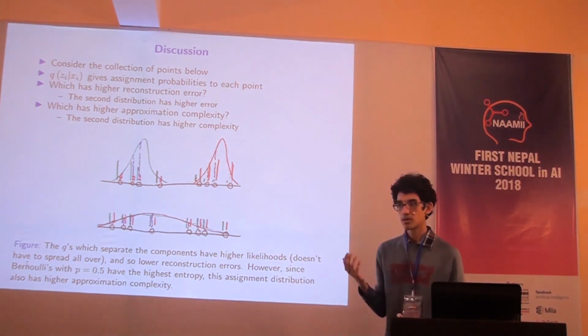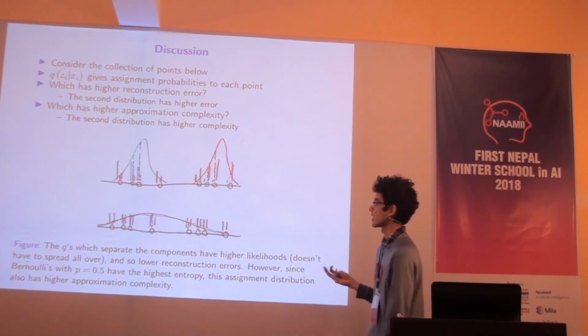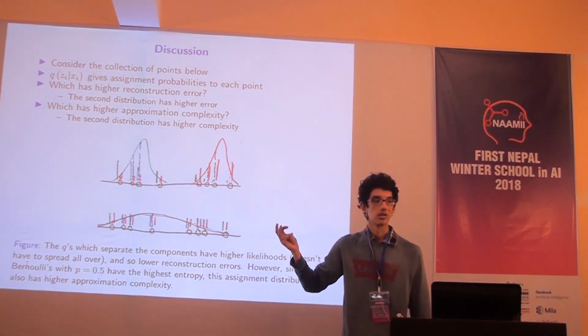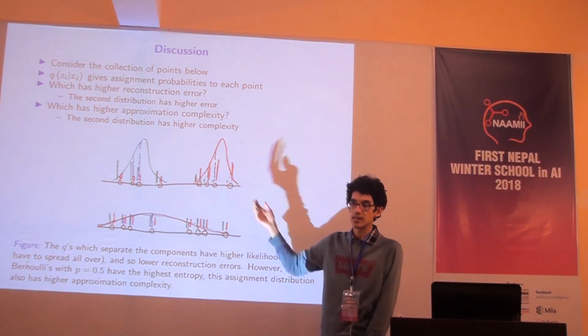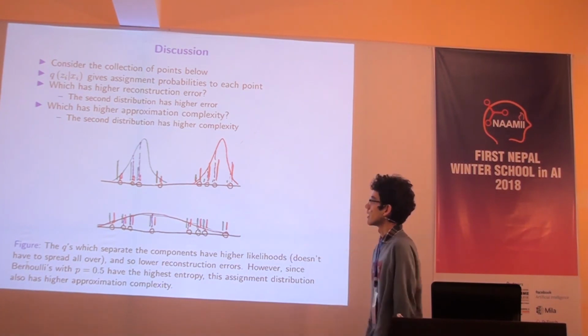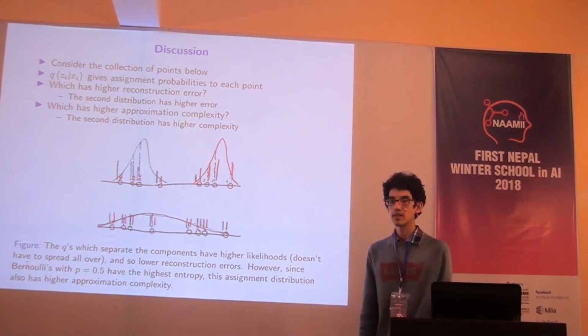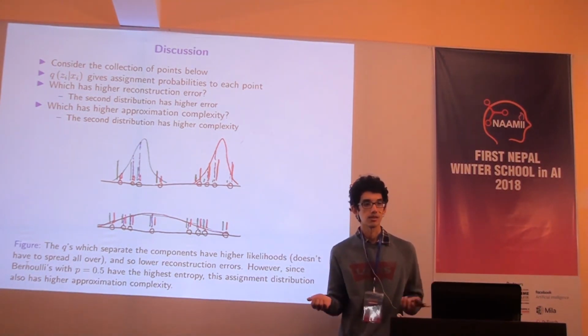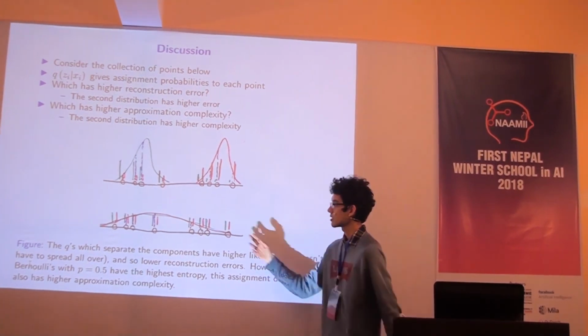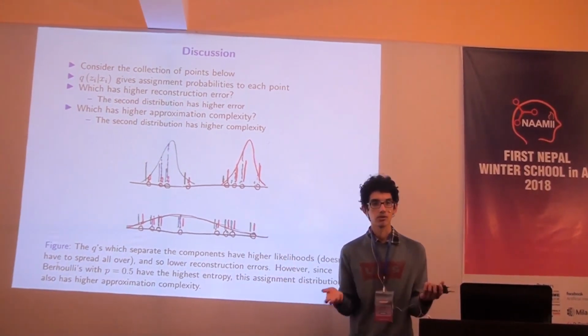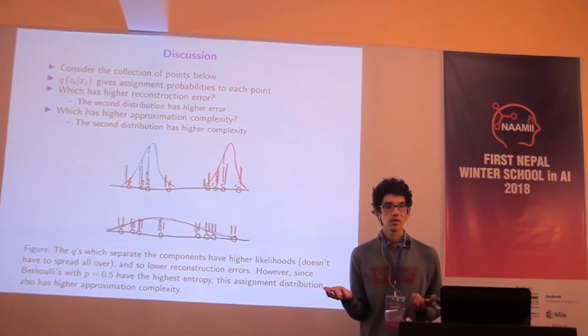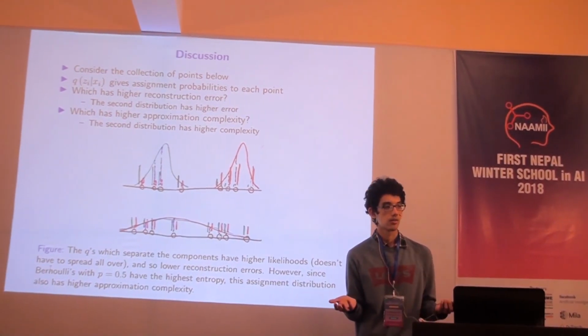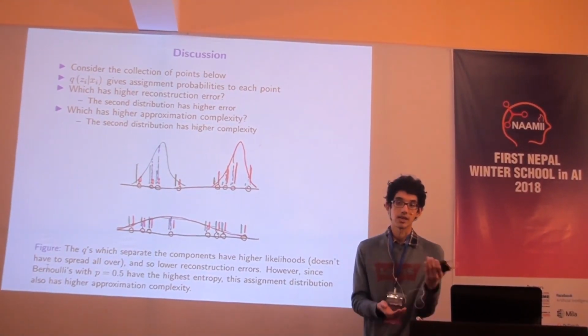So this one has lower reconstruction error on average. It has a higher expected log likelihood. And then the complexity part: the idea is this is like a distance from your prior. Since this one is not really making any bets about which class you belong to, it's actually not that far from the prior. It's a very simple distribution. It's very naive, but it's simple, so it has that in its favor.